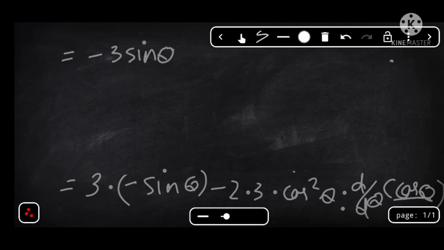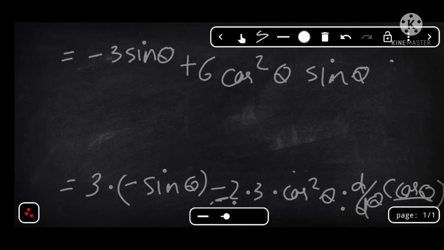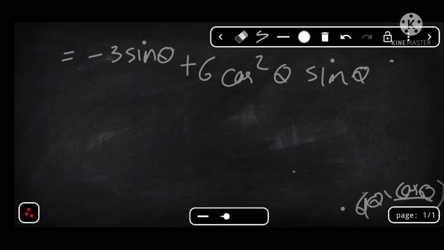So that minus and this minus is getting plus. So 2 into 3, 6 cos square theta into sin theta. So dx by d theta is over. Now we are going to find out dy by d theta.